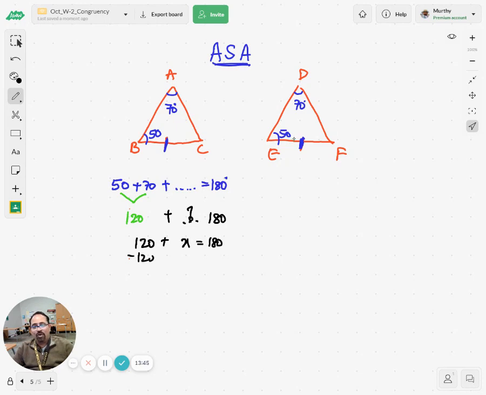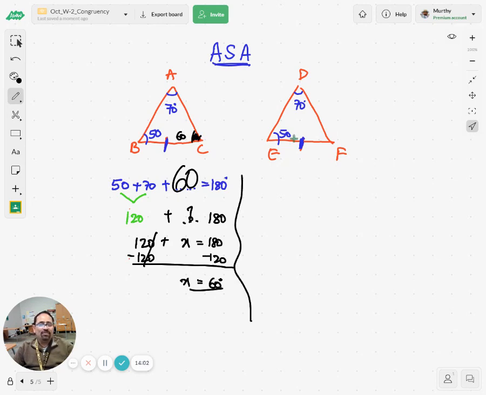Then take away 120, and the value of x equals 60 degrees, right? Therefore, my third angle is 60 degrees. In the same way, in the other triangle, the third angle is also 60 degrees.